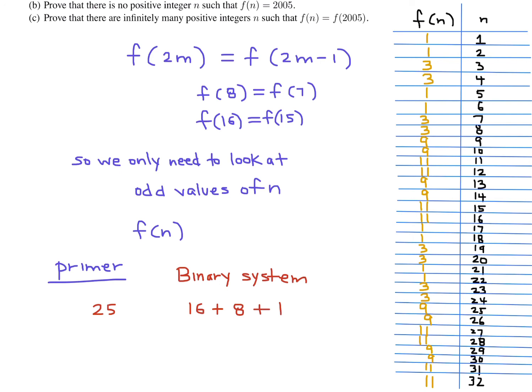Now, that is 2 to the power of 4 plus 2 to the power of 3 plus 2 to the power of 0. And instead of writing all these 2's, what they do is they just write 0's or 1's. So, for example, this is 2 to the power of 0, 2 to the power of 1, 2 to the power of 2, 2 to the power of 3, 2 to the power of 4, like that.